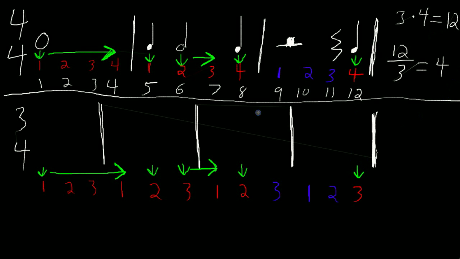Okay? So now, if you still haven't tried to figure this out, please pause the video and, based on this arrow analysis, see what you can come up with for our 3-4 time signature. Okay? So anyway, now I'm going to go ahead and do this.